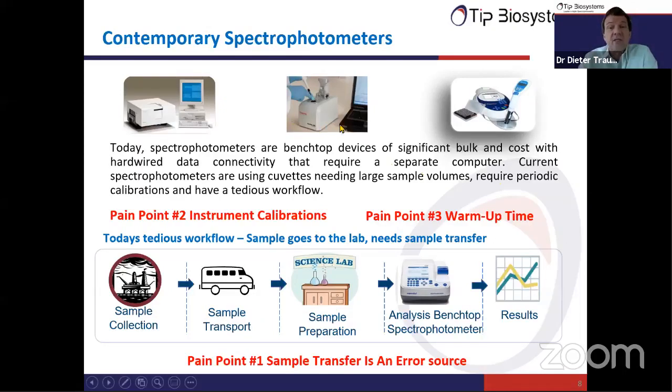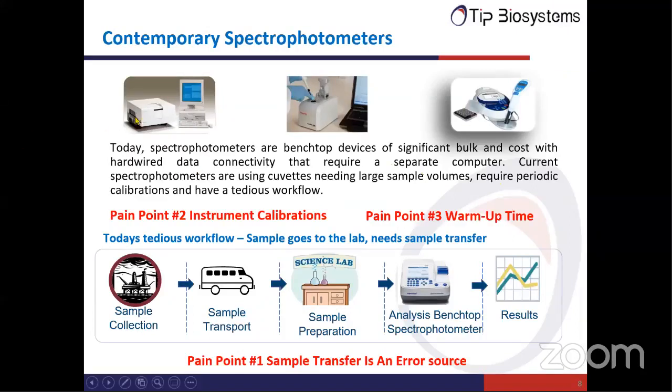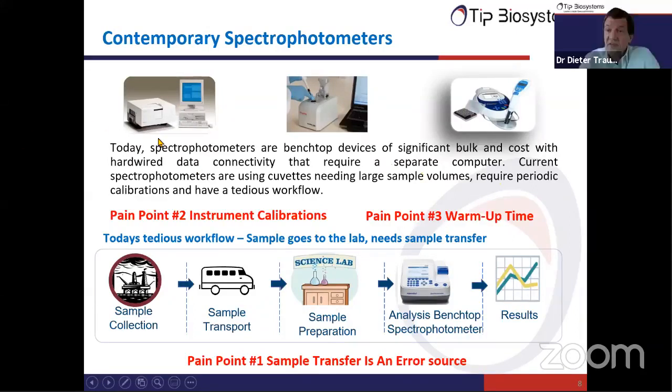One very big advancement was the introduction of an instrument called a nanodrop, where the sample volume was dramatically decreased. In a typical spectrophotometer, the cuvette, which I showed you before in the slide, usually requires 1 milliliter of sample. With a nanodrop, that amount was reduced to just about 2 microliters.